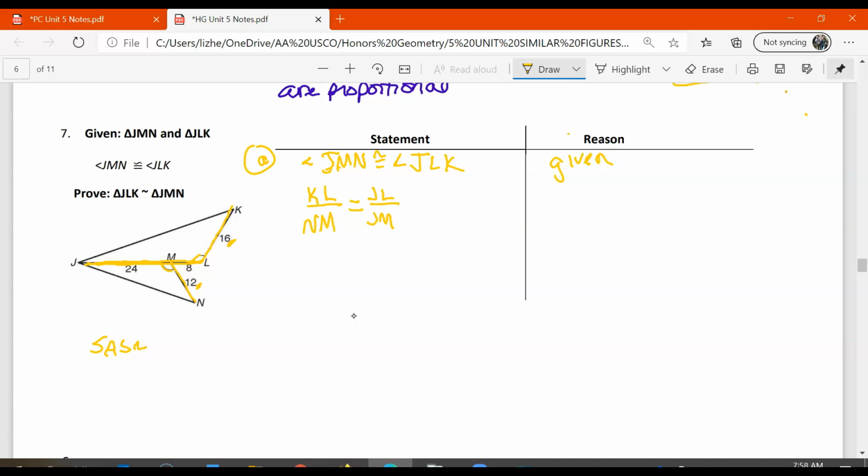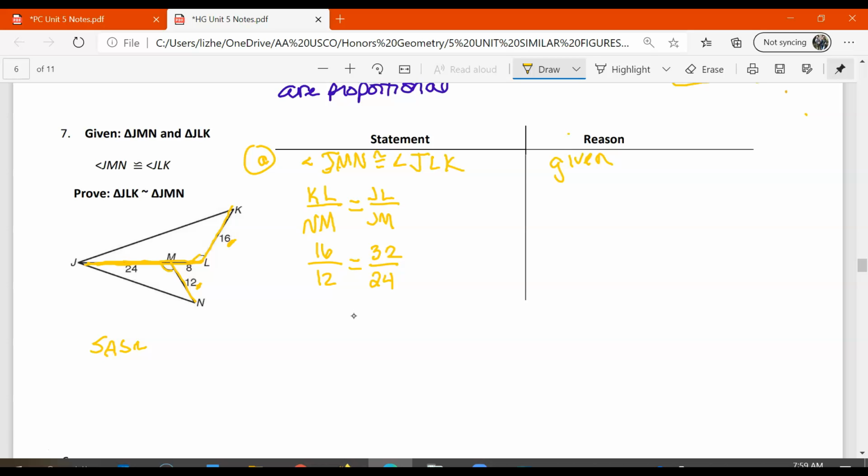So I'm going to say then that KL is 16, NM is 12, and that equals 24 plus 8 is 32 for JL over 24. Are those equal? Simplifying that or using your calculator.